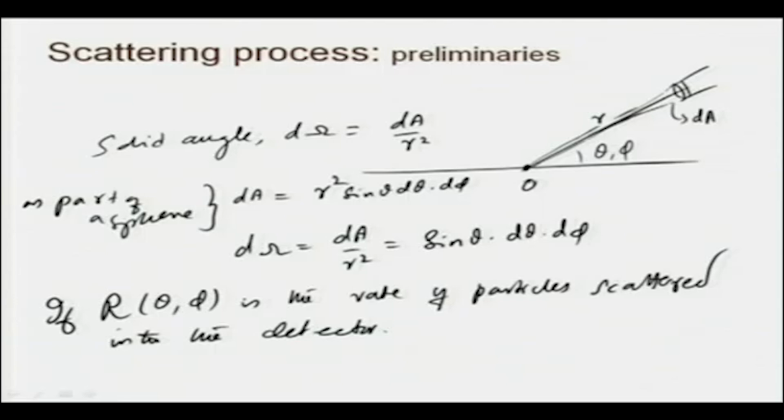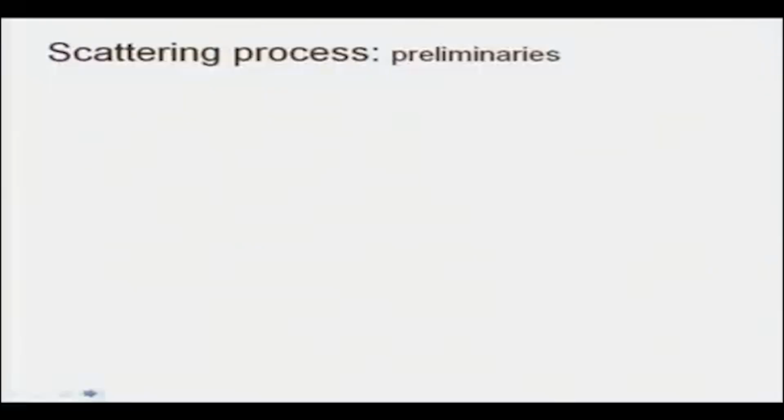Imagine, let me say that again, we have a beam of these particles sent to the scattering point, and now you keep a detector at r, theta, phi, and you ask the question: how many particles are being detected by this detector in unit time? So, that is the number of particles scattered into the detector, or the rate of the particles scattered into the detector. All right.